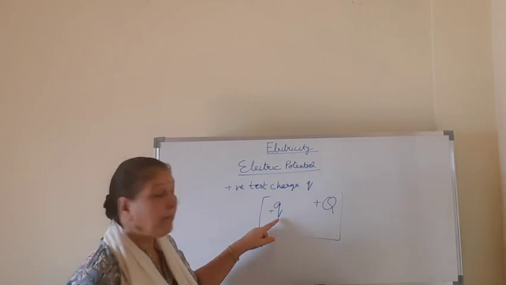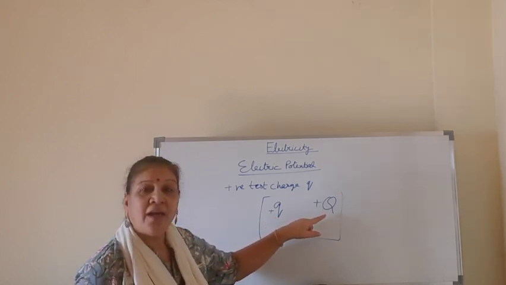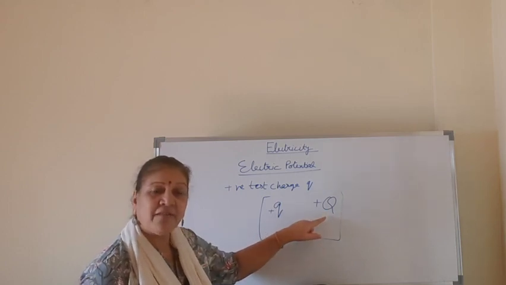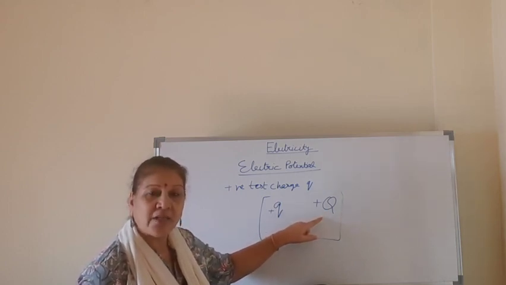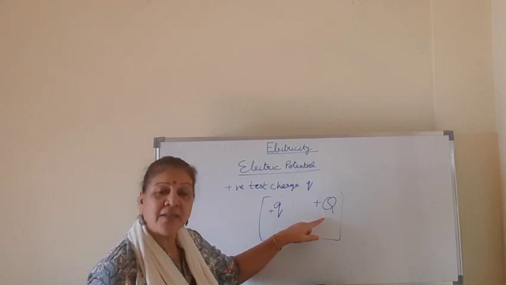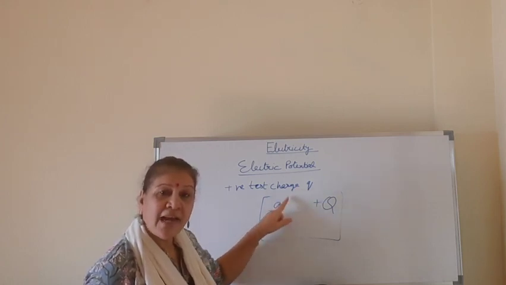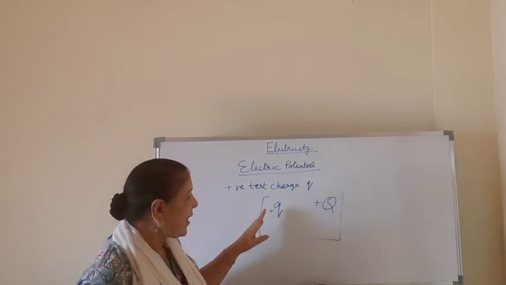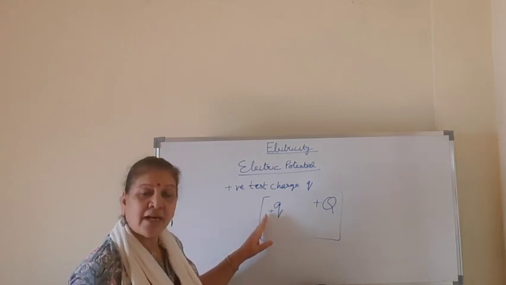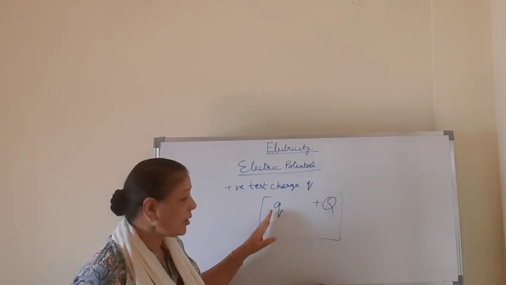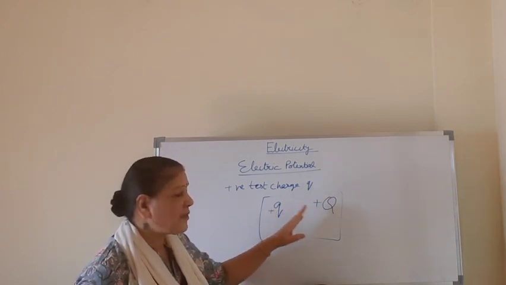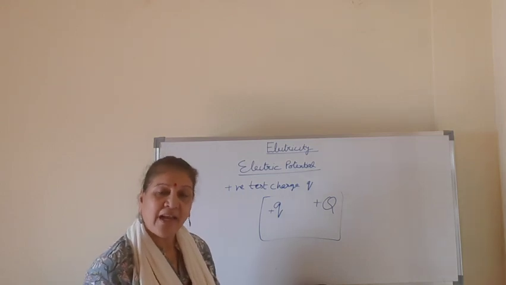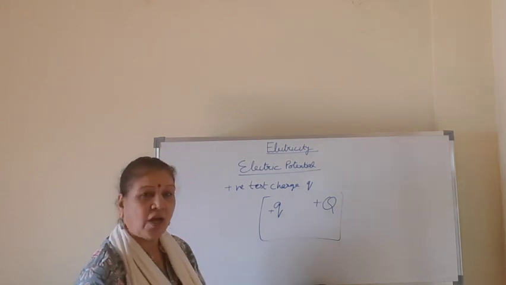This test charge will experience an electric force or force of repulsion because of the electric field produced by the source charge. The source charge plus Q will have the electric field around it because it has the electric charge, and this test charge will experience an electric force because it is placed within the electric field of this source charge.